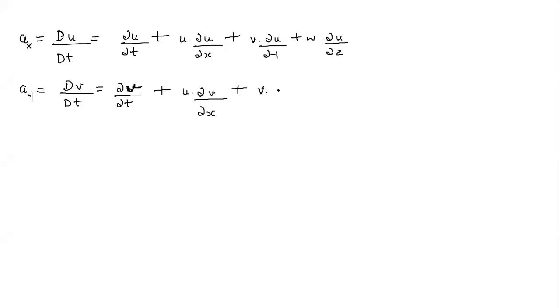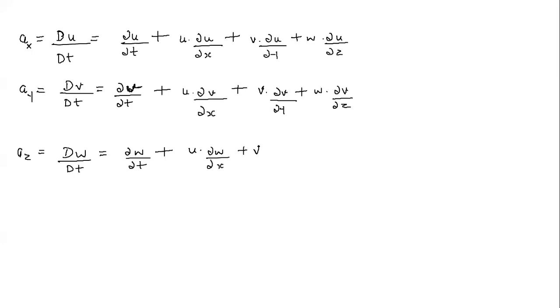So this is u delta v by delta x, then you have v delta v by delta y plus w delta v by delta z. Then az is equal to Dw by Dt, so delta w by delta t plus u delta w by delta x plus v delta w by delta y plus w delta w by delta z.